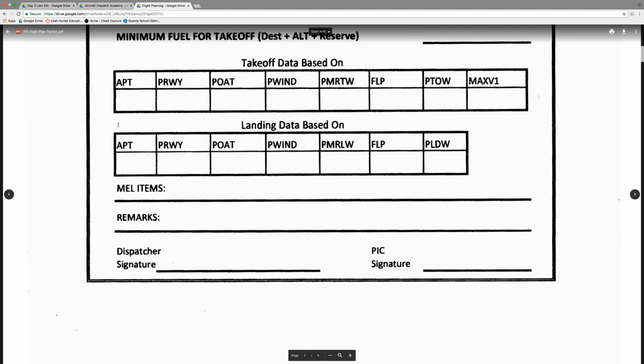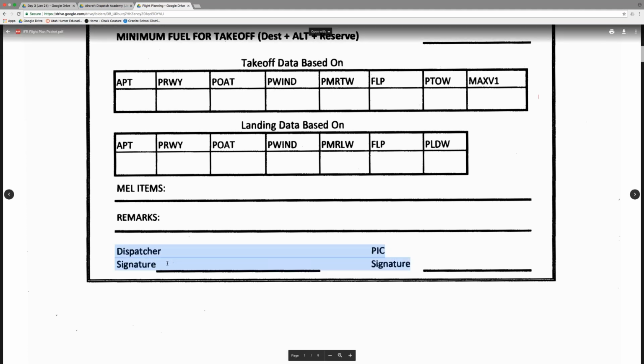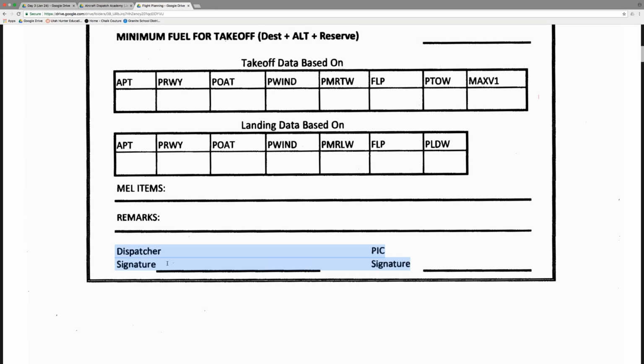So if that flight doesn't make it in, it's not only on the pilot in command, the dispatcher is going to be looked at as well, because we hold the same responsibility for that safety.